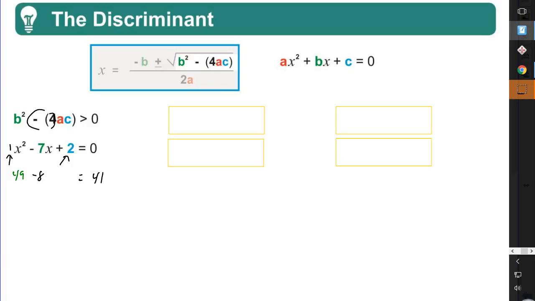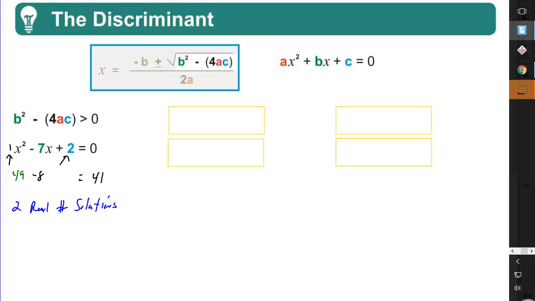So here's an example where the value of the discriminant is positive, or greater than 0. And so here's the reality with this. What kind of solutions are we going to get? Well, we're going to get two real number solutions.